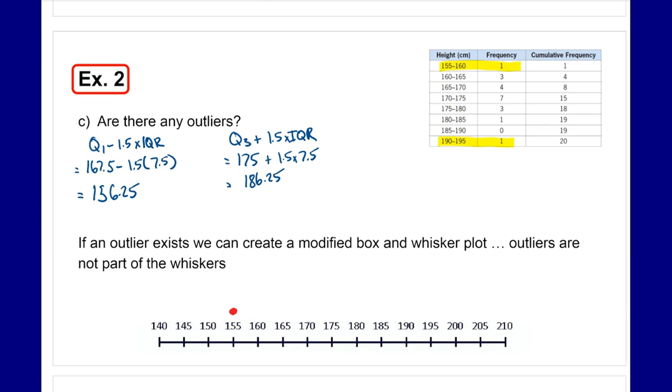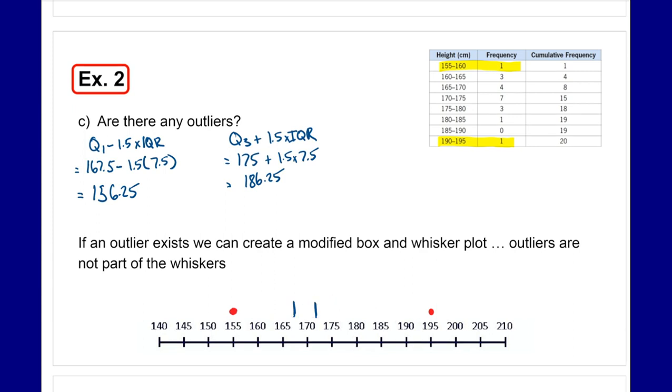We're still going to put a dot there. And same with the 190 to 195, we're still going to put a dot there. We're still going to do our Q1, which was 167.5, our Q2, which was 172.5, and then 175.